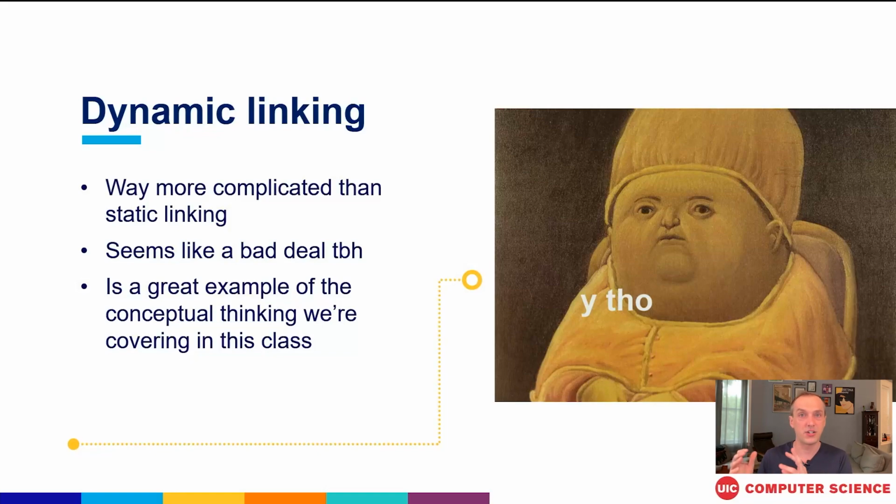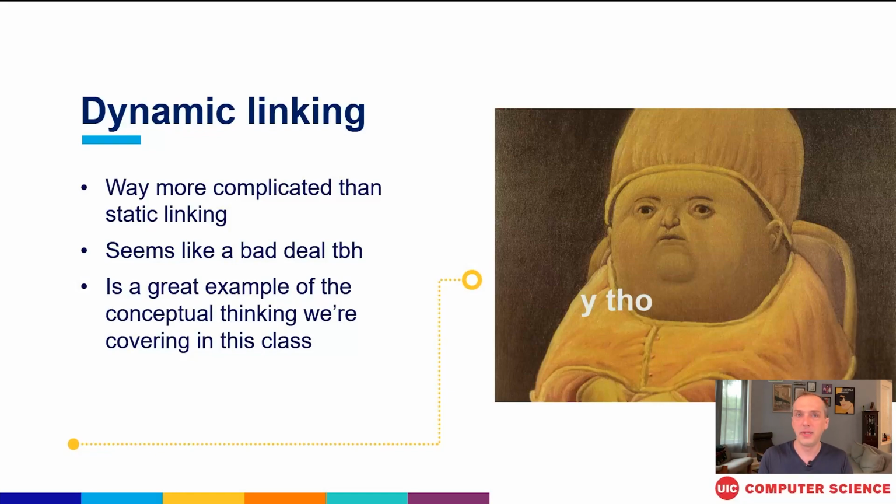I need to make it run faster, and I need to keep it correct, but I'm willing to add complexity to the system based on what I know about my workloads, based upon what I know about how fast my computer is and what different parts are fast, what different parts are slow. I'm going to add this complexity to the system, which will make it work out much better in the end based on that workload. So this is a great example of what we're trying to learn here.